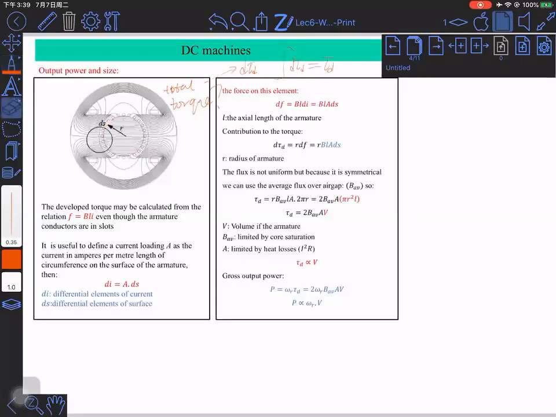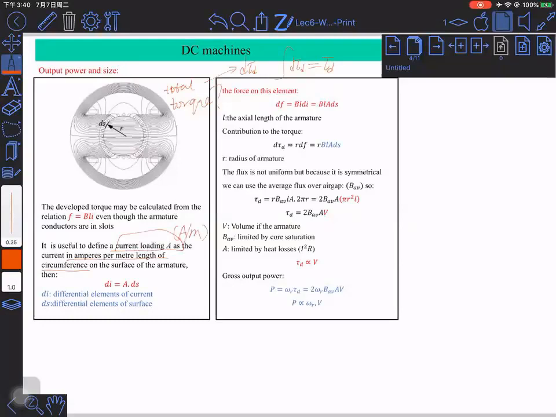So let's do it. Assume that we have the current density given as A, the current per meter length on the circumference of the armature surface. In other words, A is the current density in the unit of ampere per meter.